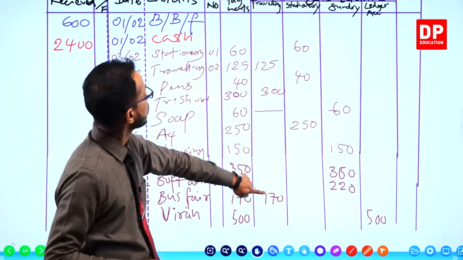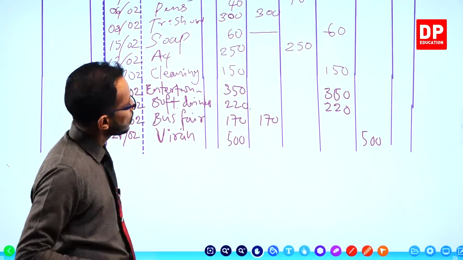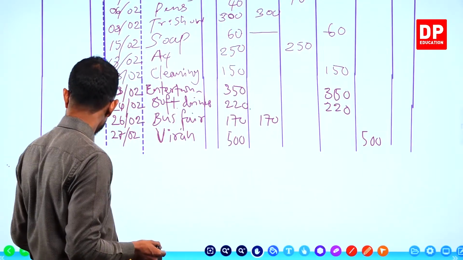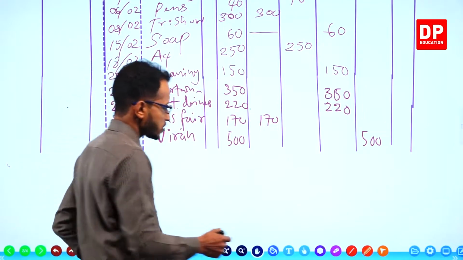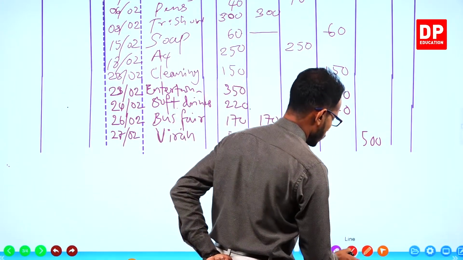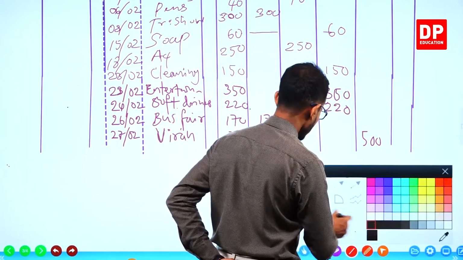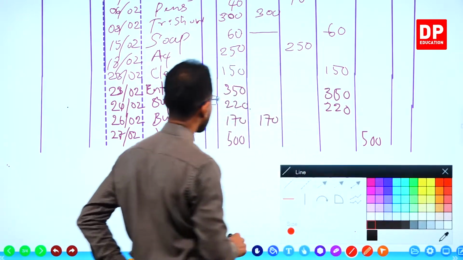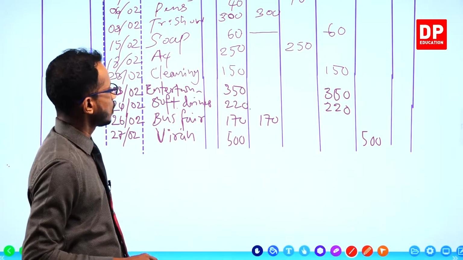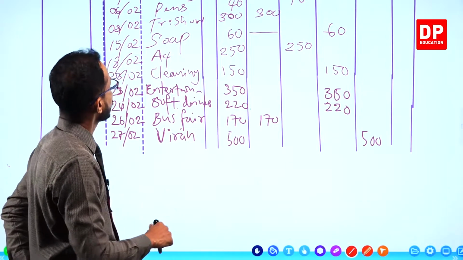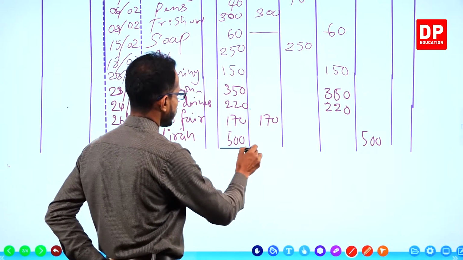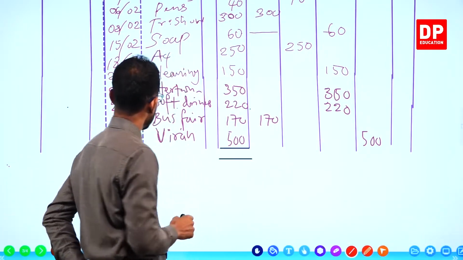Taking it further up. And let's draw the sum boxes. This is the payment column. We need a sum box in the payment column.